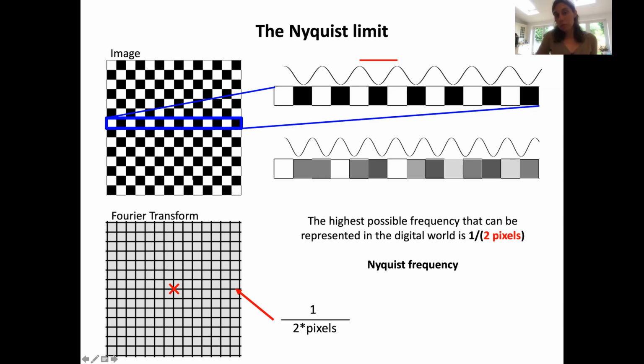Now, because we know that the highest possible frequency component is 1/2 pixel, then we can attribute the last pixel of the Fourier transform, the one that is half a box size away from the center, to the frequency 1/2 pixels. That's what we call the Nyquist frequency. That's the resolution limit. You can't go any further than that. So you can understand the Nyquist limit in real space like this, or in Fourier space like this.